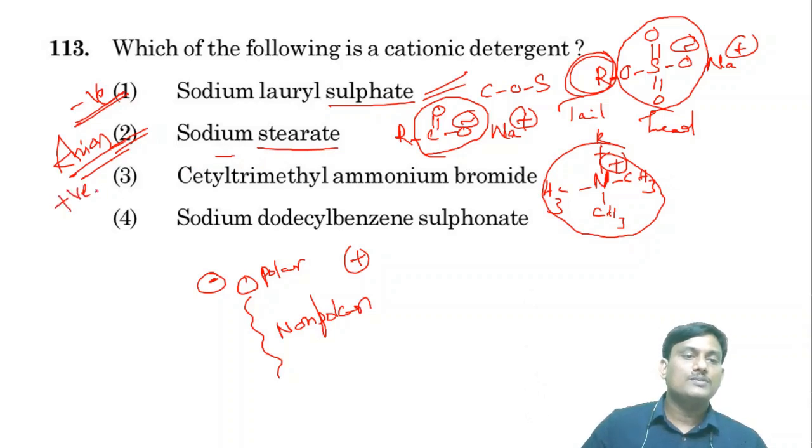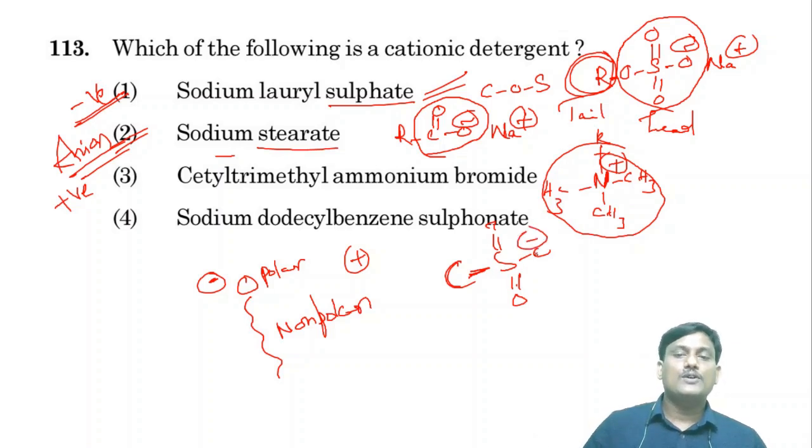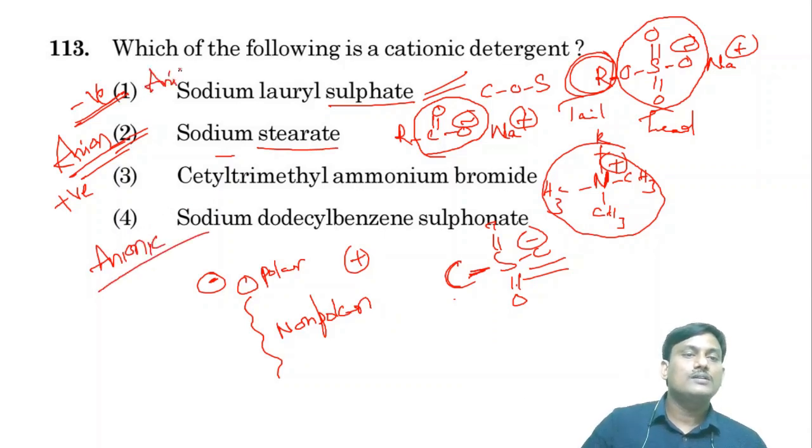And sodium dodecyl benzene sulfonate. In a sulfate you have a C-O-S bond; in a sulfonate you have a C-S bond. In sulfonates also, you find a negatively charged head, so this one is an anionic detergent.